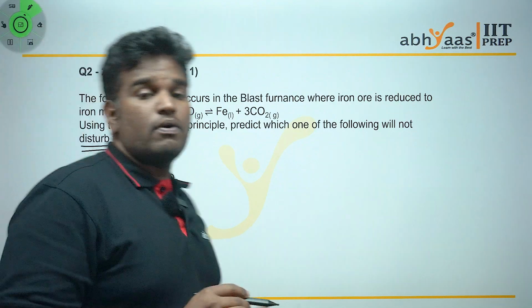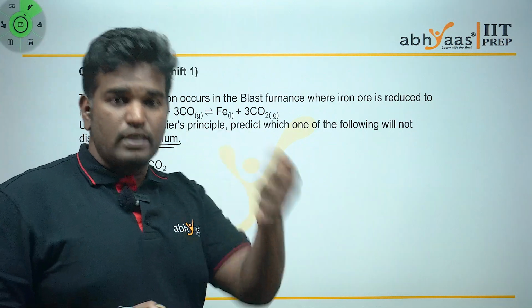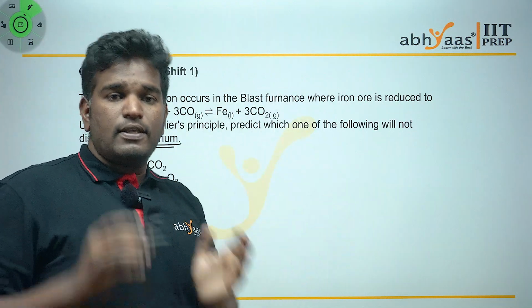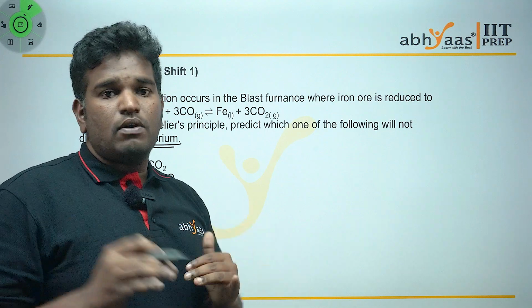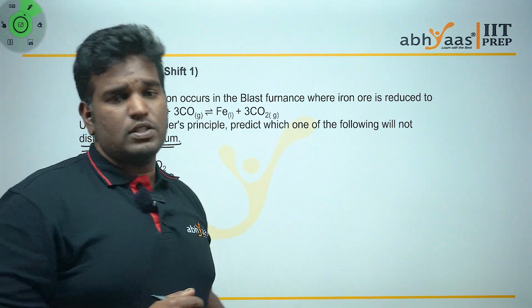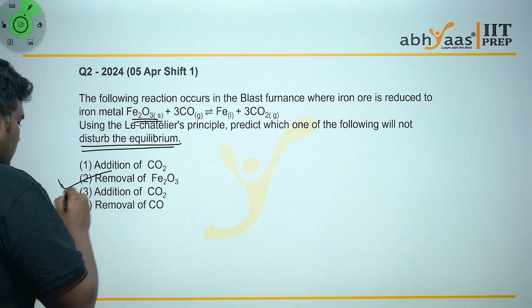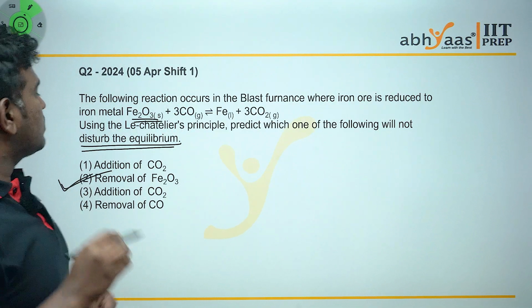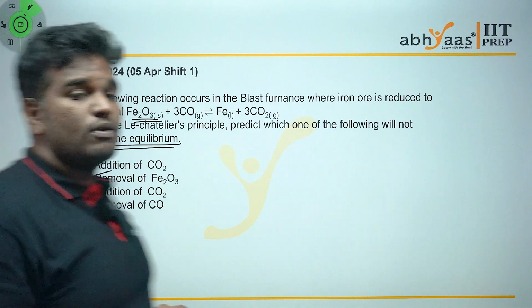So addition or removal of a solid in this particular equilibrium will not disturb the equilibrium condition. So we can surely say that removal of Fe2O3 will not disturb the equilibrium, right?